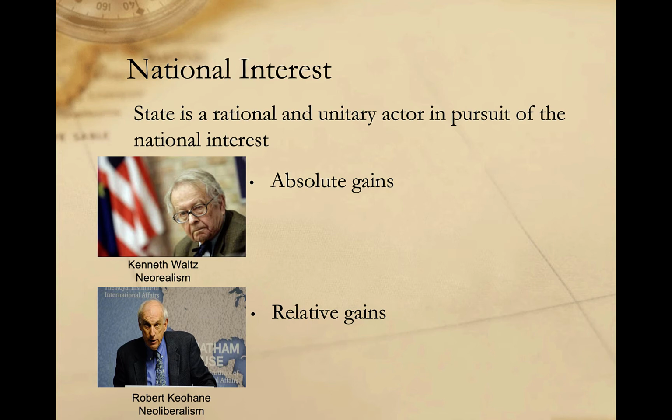Note that the difference between relative and absolute gains is the topic we cover in another video. More broadly, neorealists tend to take a more narrow view of what constitutes the national interest, focusing primarily on military power and security. Neoliberals, by contrast, have a much broader conception of the national interest that includes economic well-being as well as military power and security.